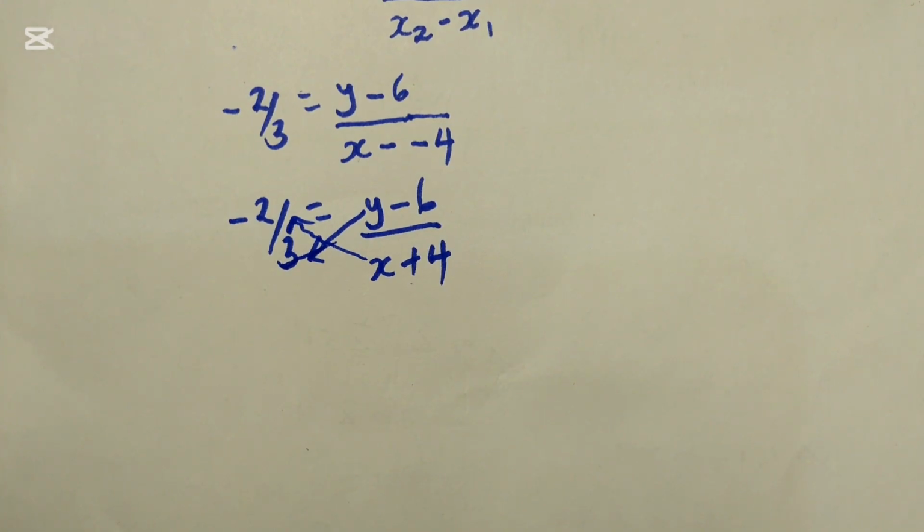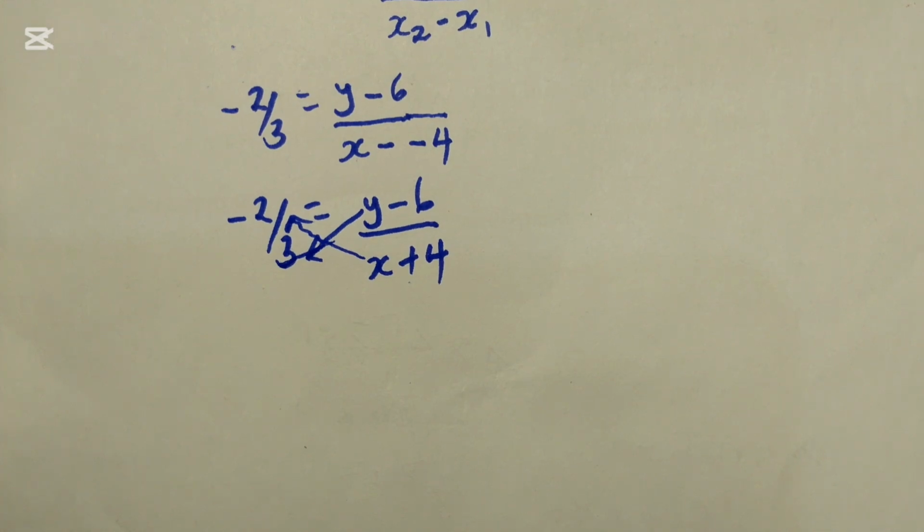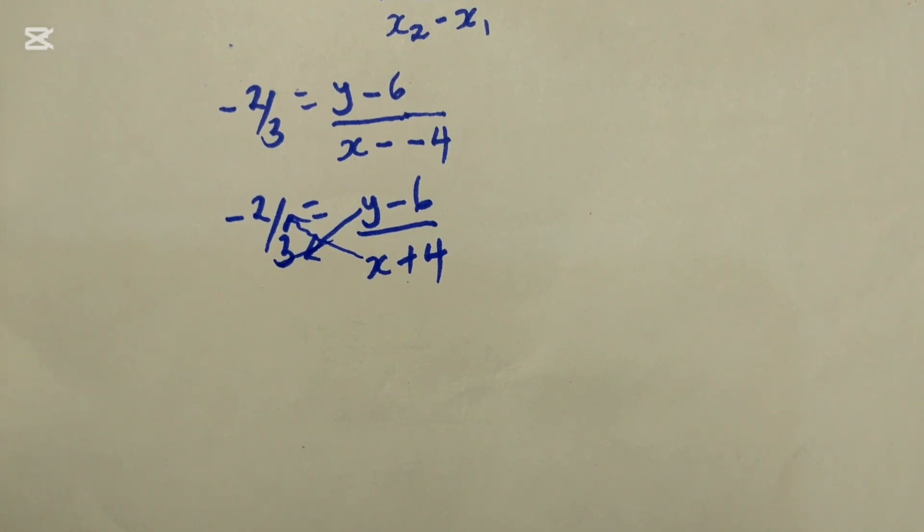Because as we continue learning about the equation of a straight line, there is a point you'll be required to write the equation in the form of the general equation of a straight line, which is y equals mx plus c. This is what I'm going to discuss in our next lesson.